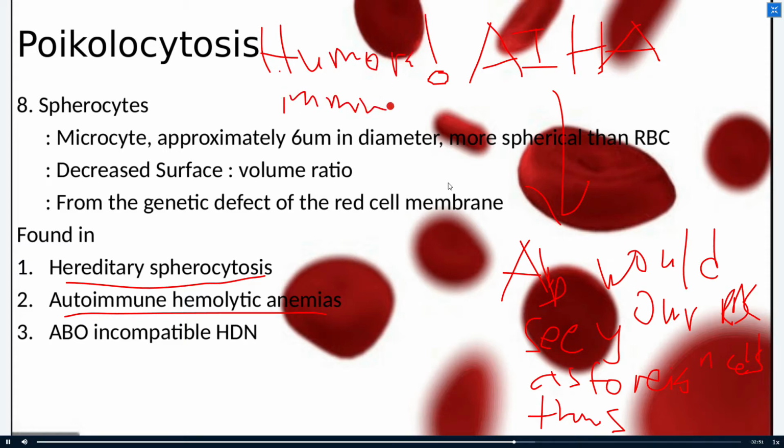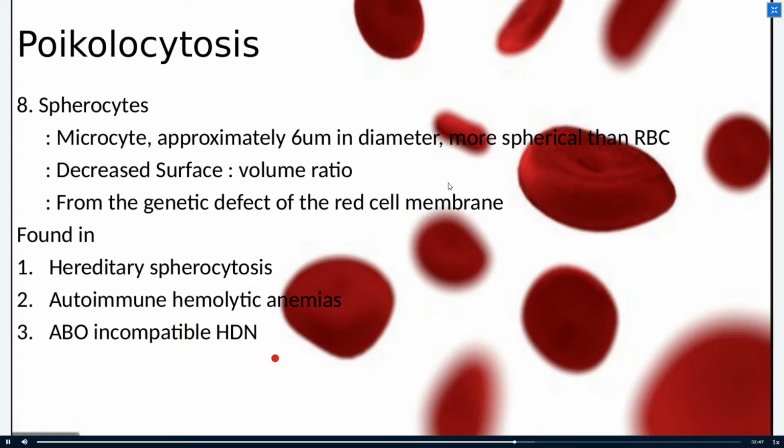Next, we have your ABO incompatible hemolytic disease of the newborn. Any idea how this happens? ABO incompatible HDN, hemolytic disease of the newborn.